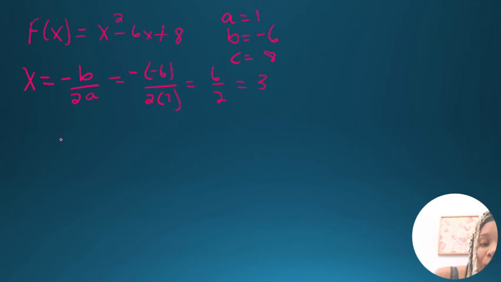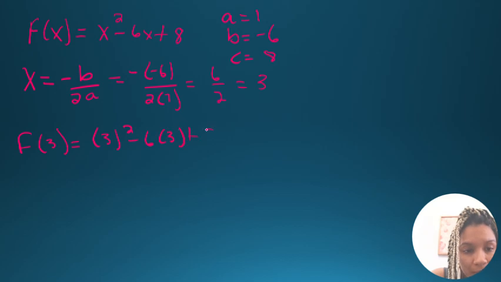All right, the second part of the vertex, we need to identify the y. So the y is take what you found for x and evaluate the function. So when x is 3, what is the y? I am simply going to substitute that in here. So I have 9 minus 18 plus 8.